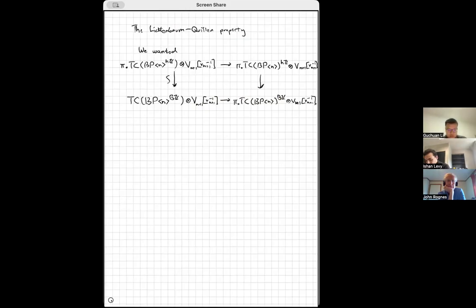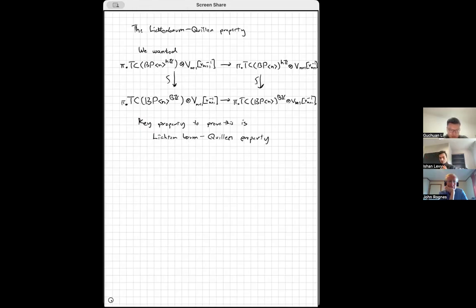Okay. So this is the square. And yeah, so the claim is that the key property to prove this is the Lichtenbaum-Cullen property. And I'm going to shorten this to LQ when I define it.